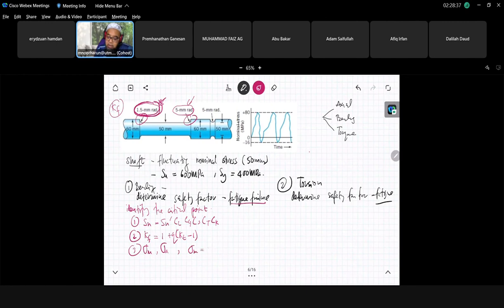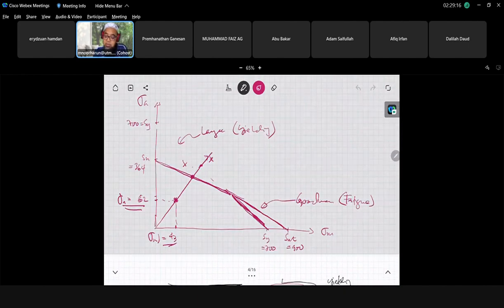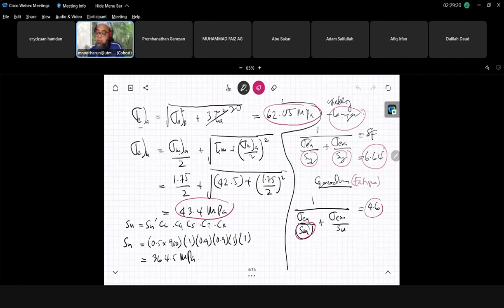The real sigma mean equals Kf times the original sigma mean, and the real sigma A equals Kf times the original sigma A. Then we can insert the values.